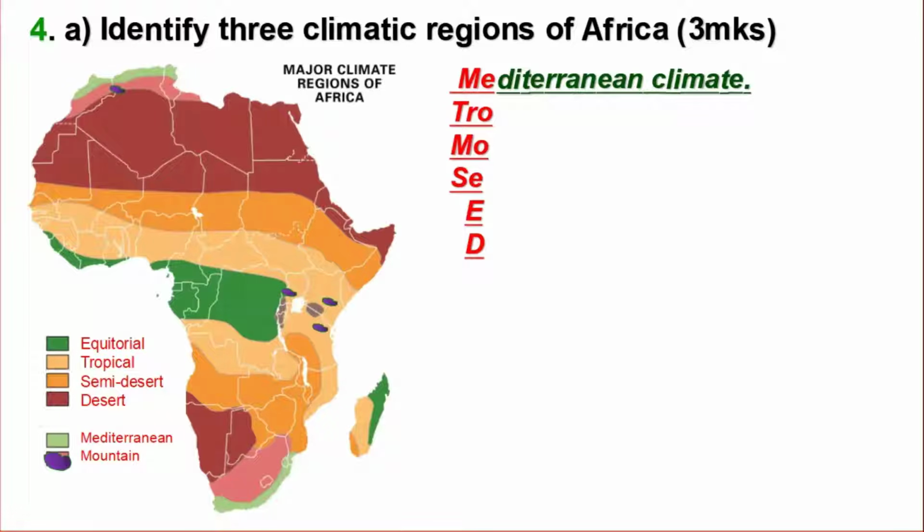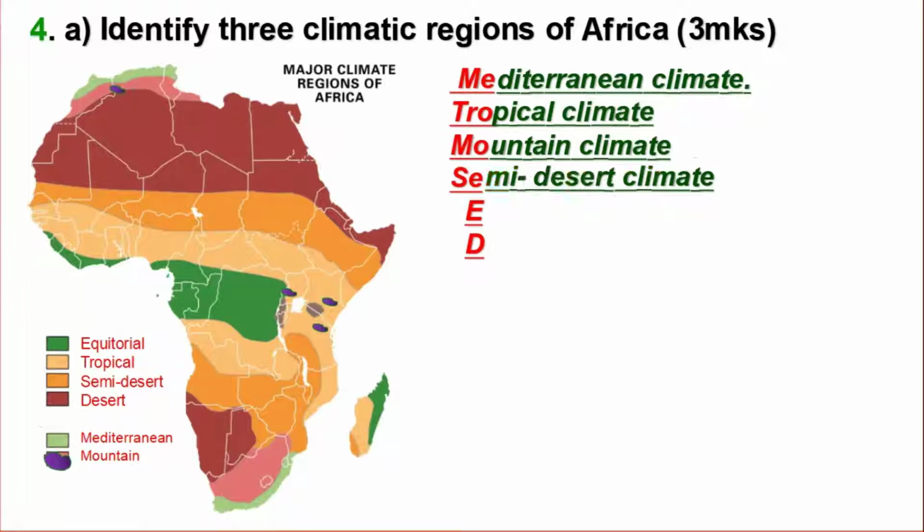Then we have tropical climate. It is within the tropics. Then we have mountain climate, the climate experienced on top of mountains like Mount Kilimanjaro, Mount Rwenzori, Mount Kenya. Then we have semi-desert. It has same qualities as desert, but is not really desert.